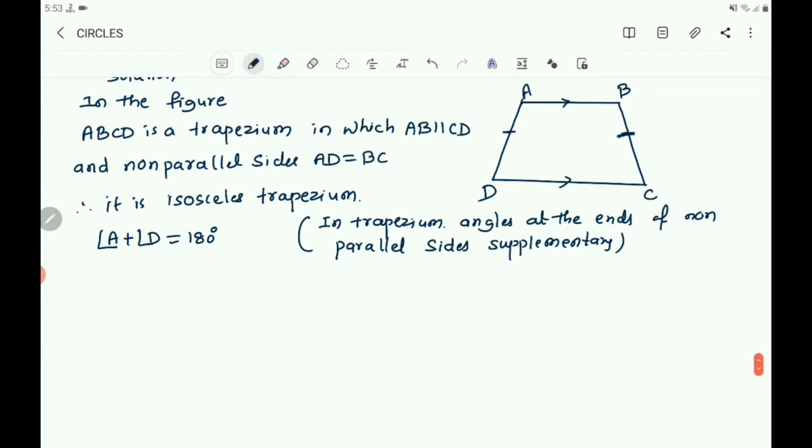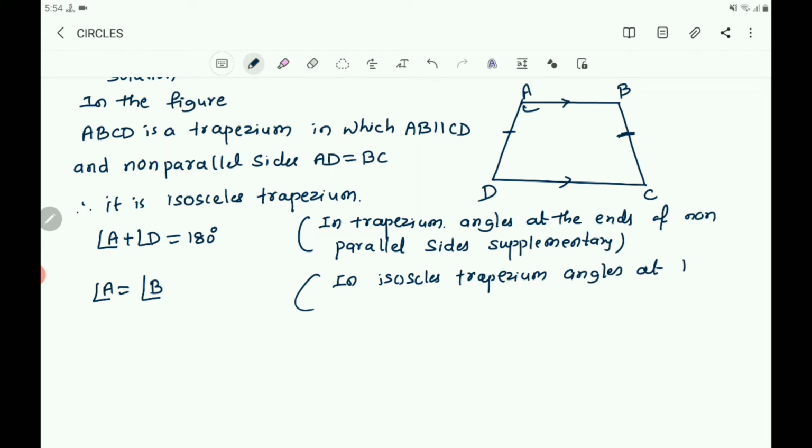And also you can write angle A is equal to angle B, that is, in an isosceles trapezium angles at the ends of parallel sides are equal.